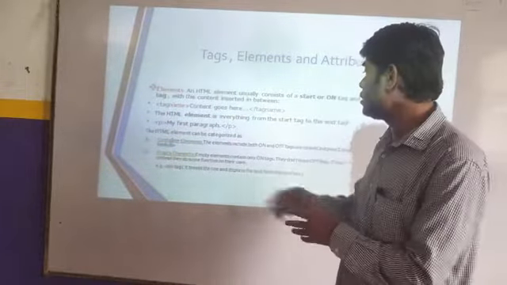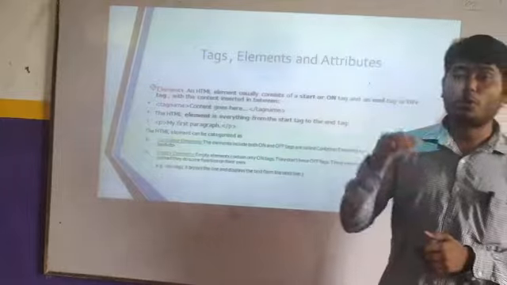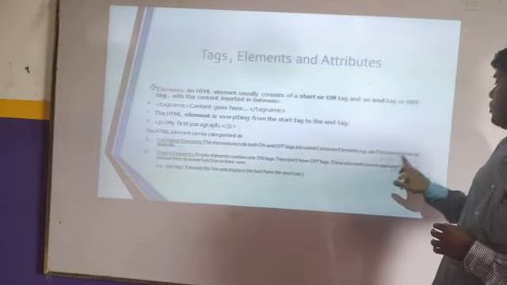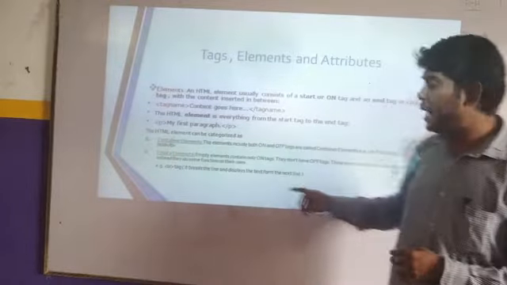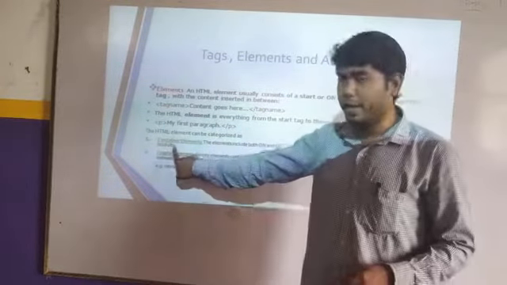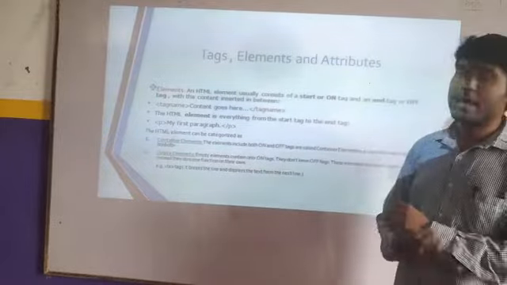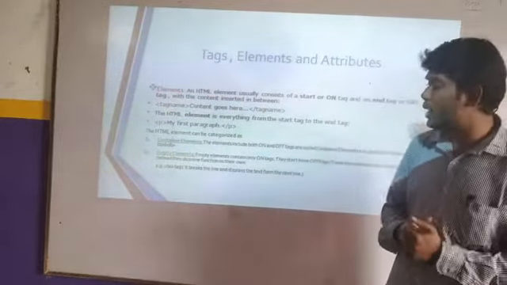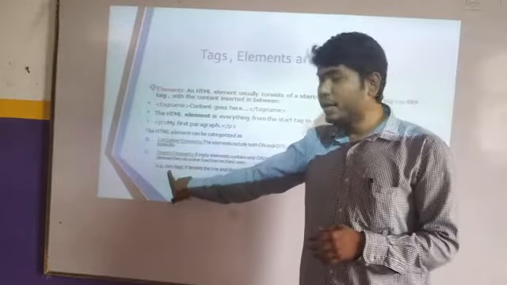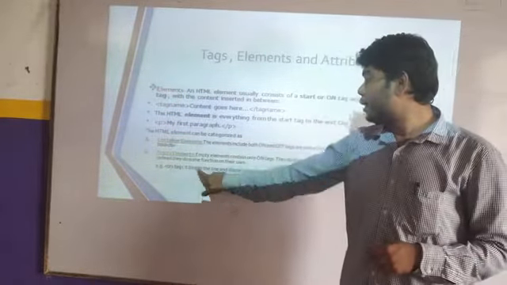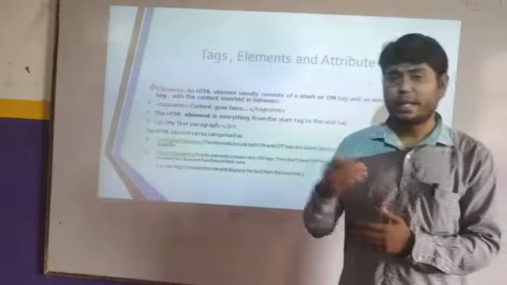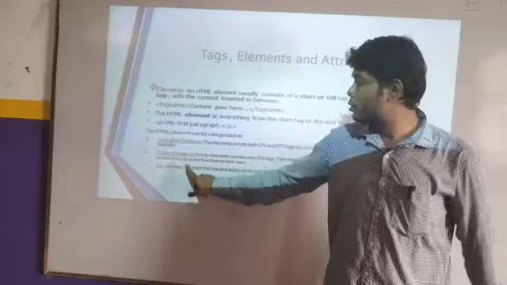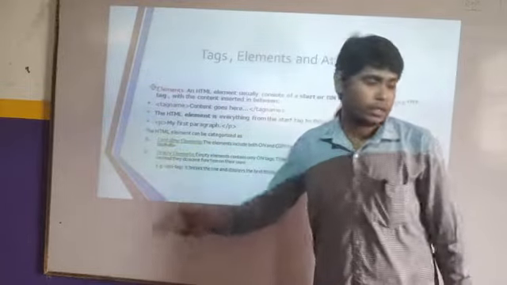Container elements include both on and off tags. For example, B makes the text bold. So here we have an on tag and an off tag. But for some tags we need not close them. We need not use the close tag or off tag. For example, the br tag is used to break the line and display the text on the next line. We are not using a close tag here, so it is called an empty element.